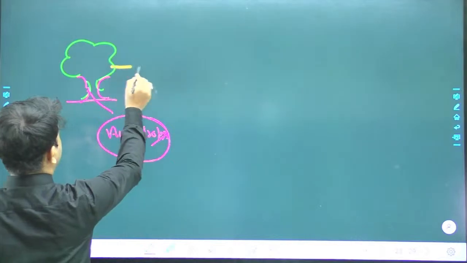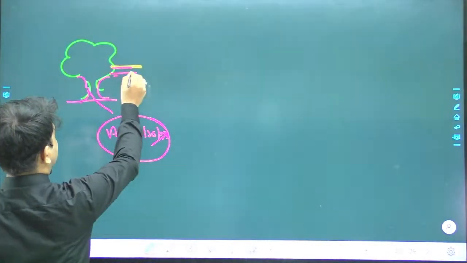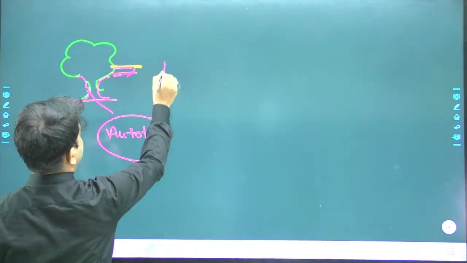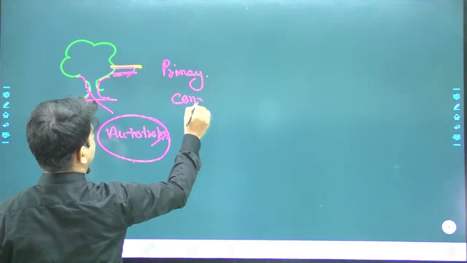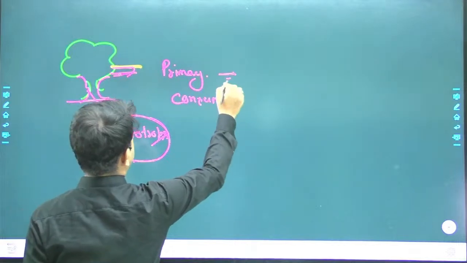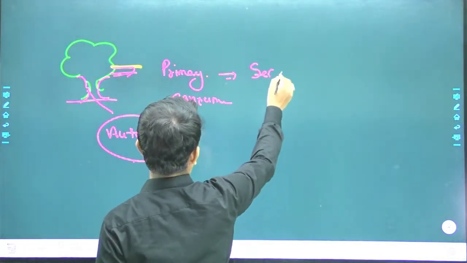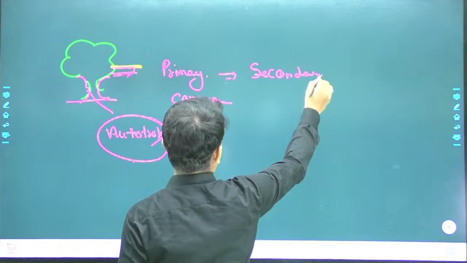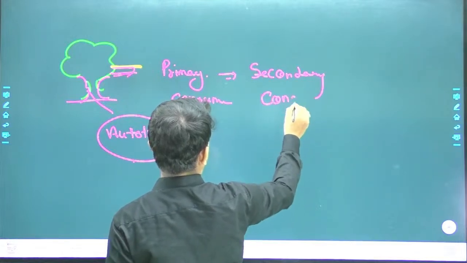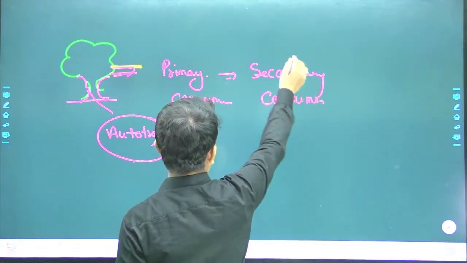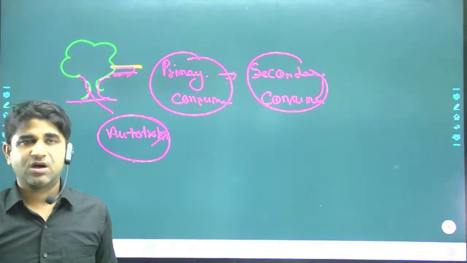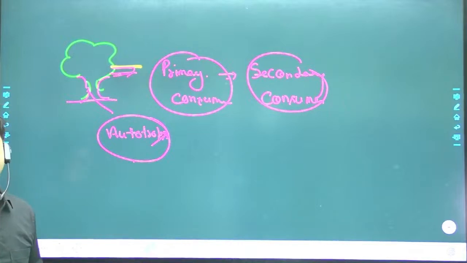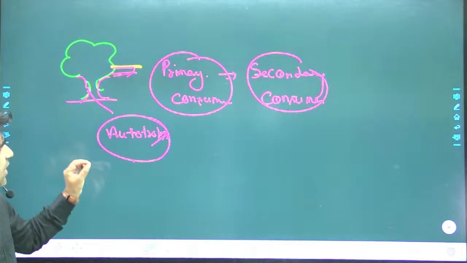Suppose these plants are eaten by a primary consumer, and then by a secondary consumer. It's a normal thing.